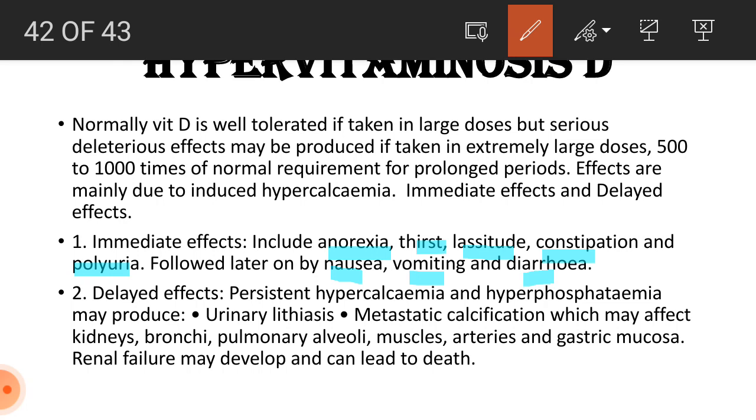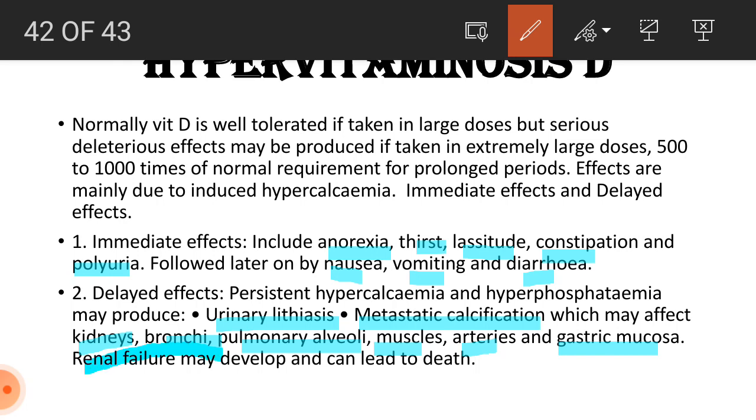Delayed effects can be persistent hypercalcemia and hyperphosphatemia, which may produce urinary lithiasis, metastatic calcification, which may affect kidneys, bronchi, pulmonary alveoli, muscles, arteries, and gastric mucosa.